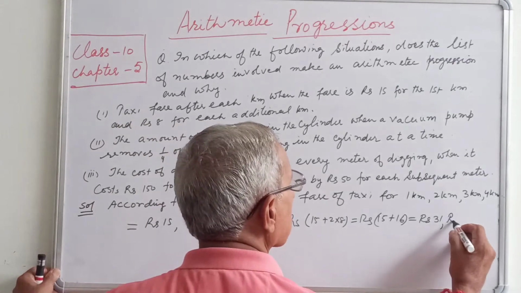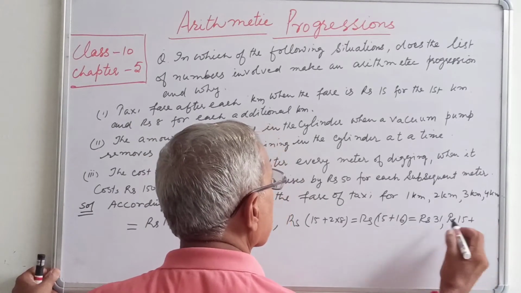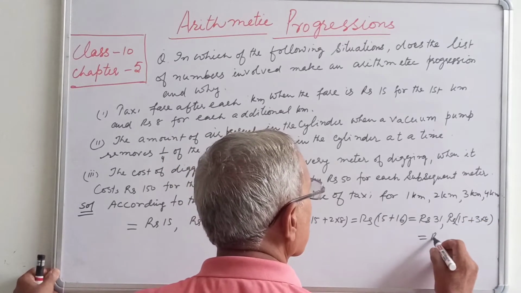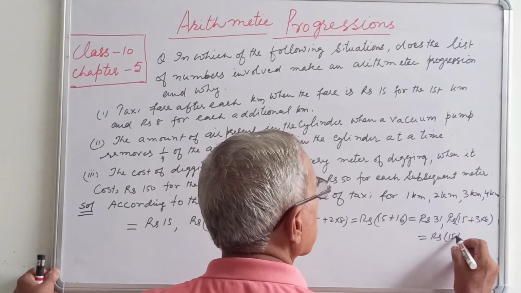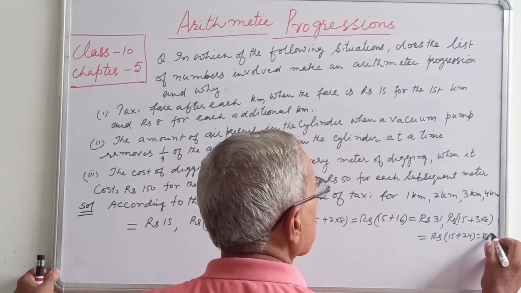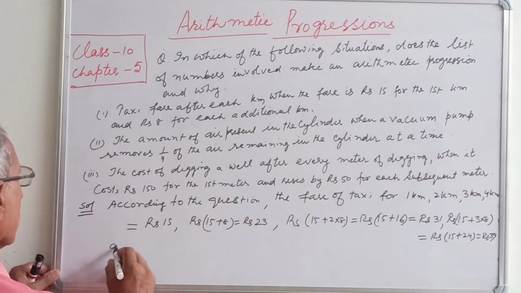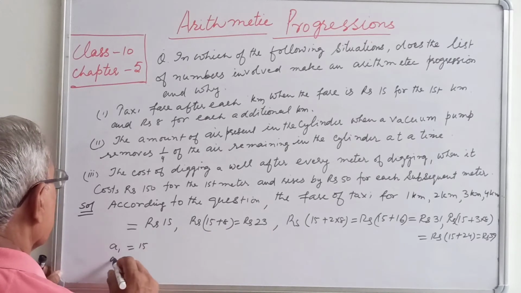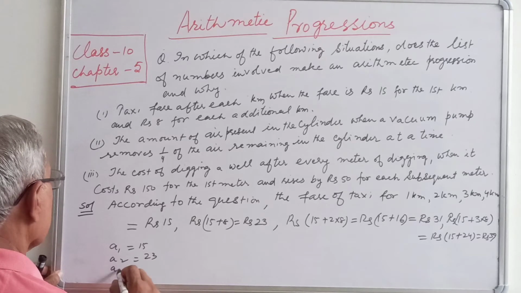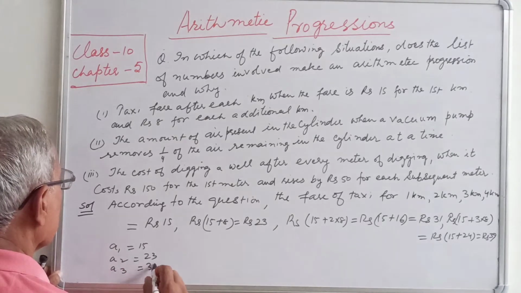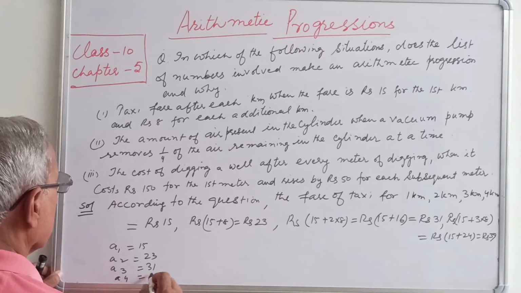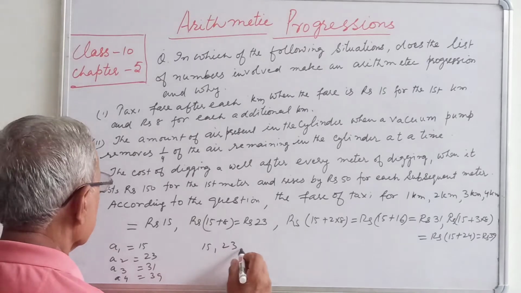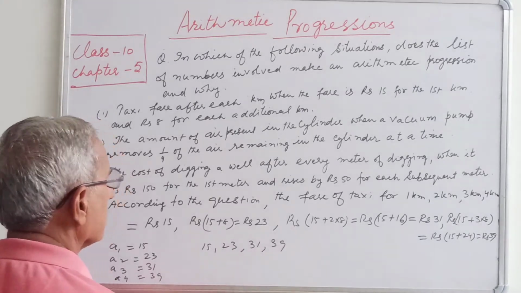Next is rupees 15 plus 3 into 8, so rupees 15 plus 24, that is rupees 39. So here the sequence is given. A1 is 15, A2 is 23, A3 is 31, A4 is 39. That sequence is 15, 23, 31, 39.